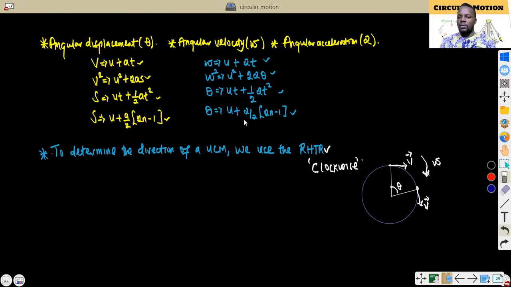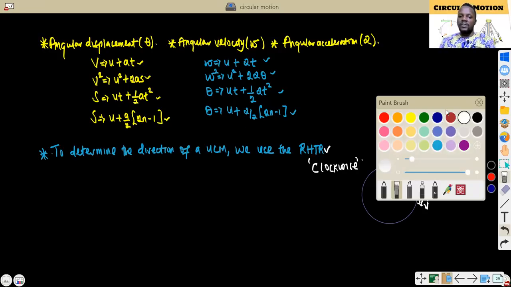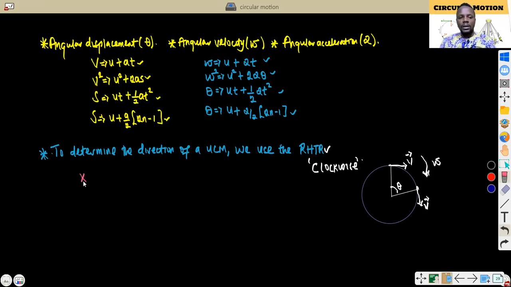So the only note I will just write for you now, you might have understood from what I've explained, is that for clockwise, CW, movement, the velocity direction is downward.